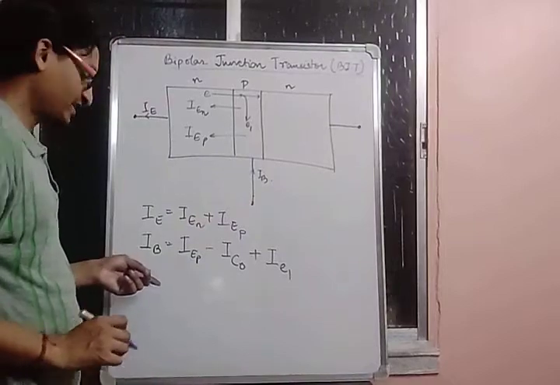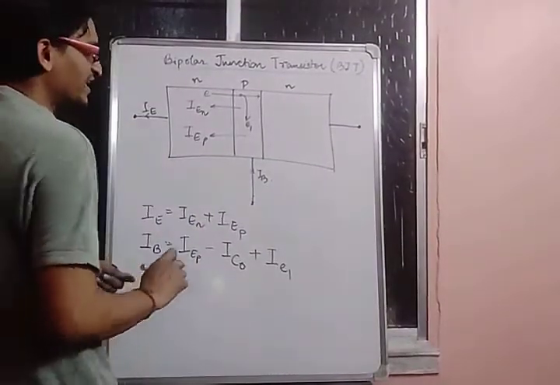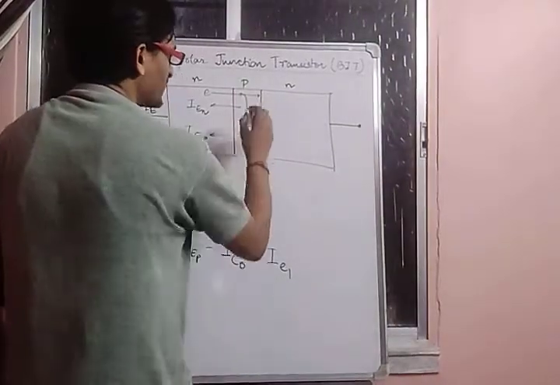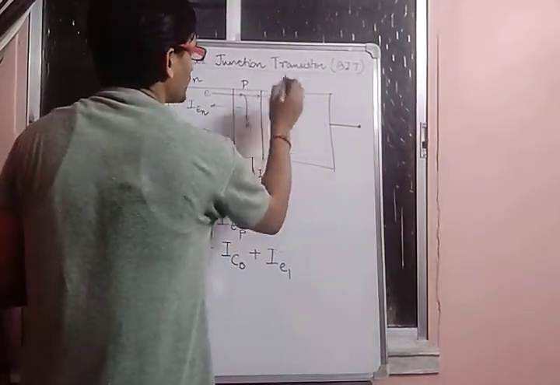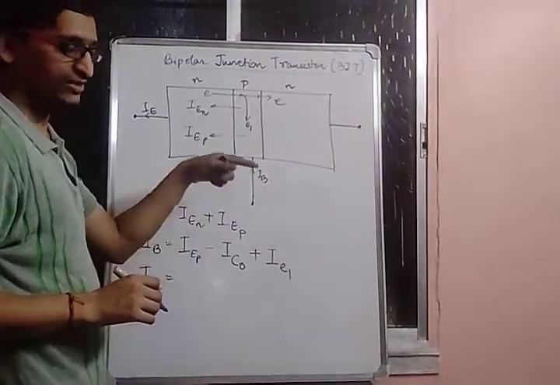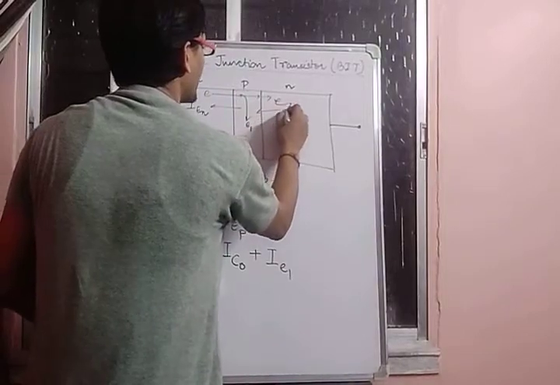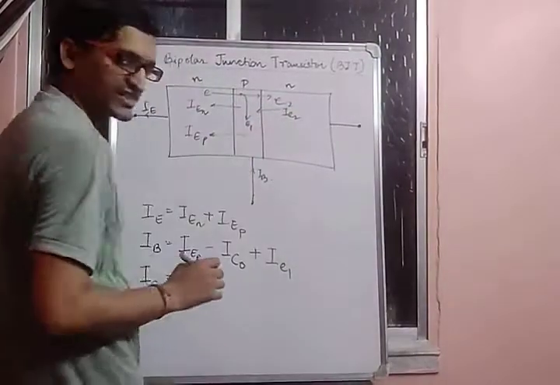And as far as your collector current is concerned, one component is basically due to the remaining electrons which are flowing from base to collector. So as a result, a current IE2 will be flowing in this direction.